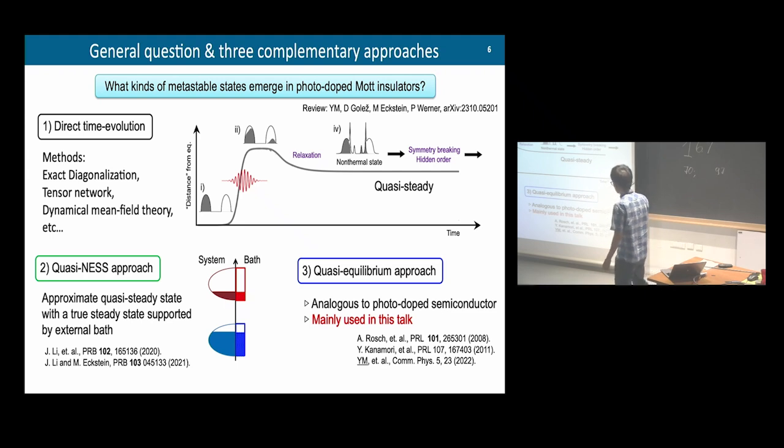This idea is analogous to what has been done in the context of photodoped semiconductors, and it is what we are going to mainly focus on in this talk. By the way, if you are interested in the general photo-induced dynamics of Mott insulators, I wish to refer to this review paper from a theoretical point of view.